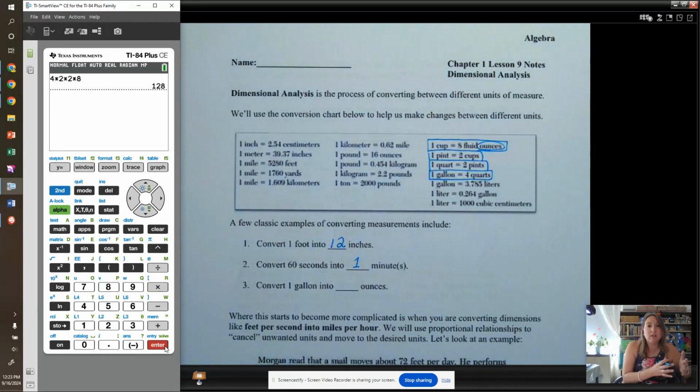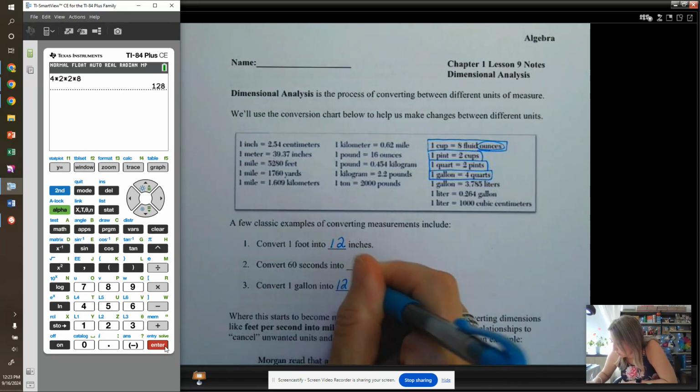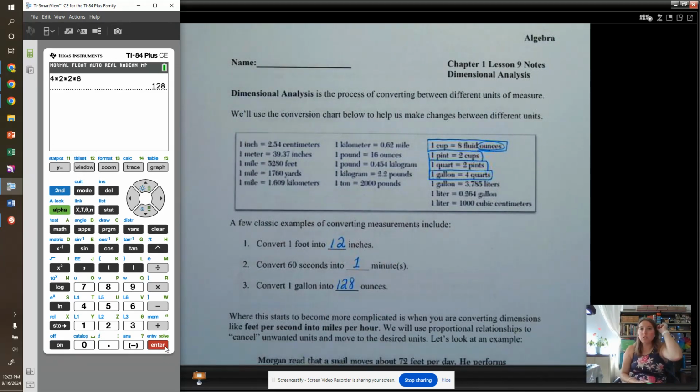How many ounces in 1 gallon? 128 ounces. So that's converting back and forth. All right, that's something you did before.